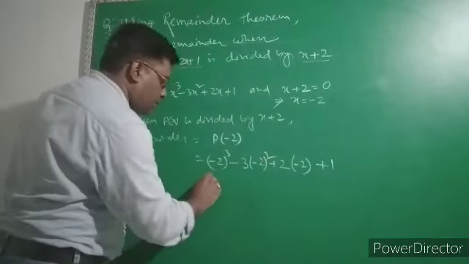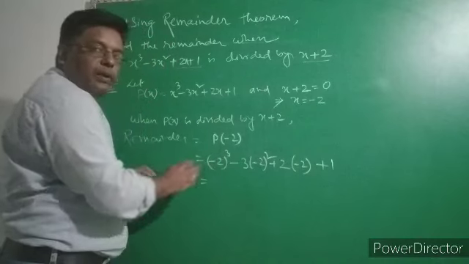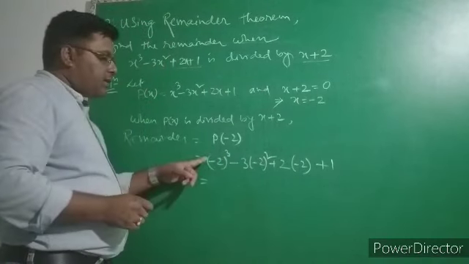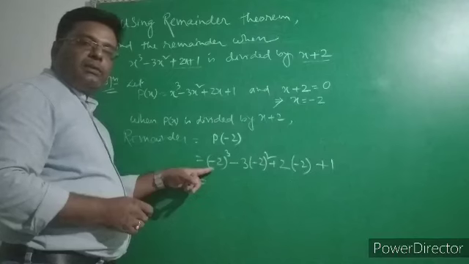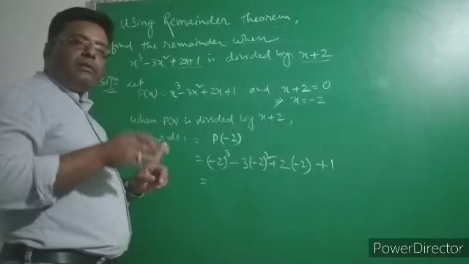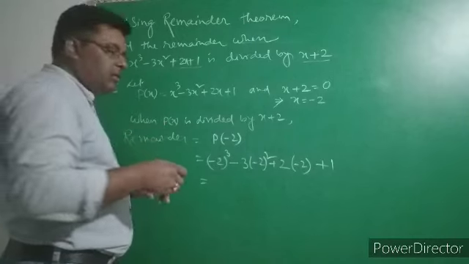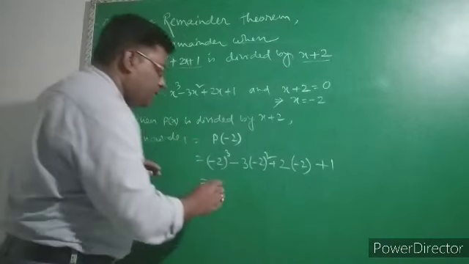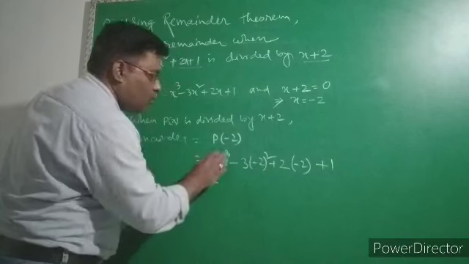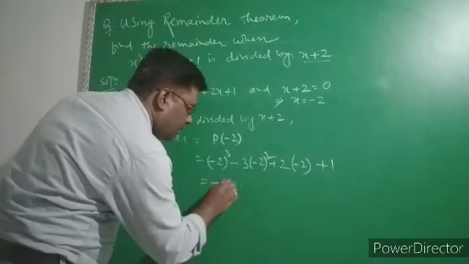Now finally minus 2 cube. That is there are 3 minus 2s: minus 2 into minus 2 into minus 2. That is minus into minus into minus. So minus minus plus, plus into minus again minus. Minus 2 cube is minus 8.